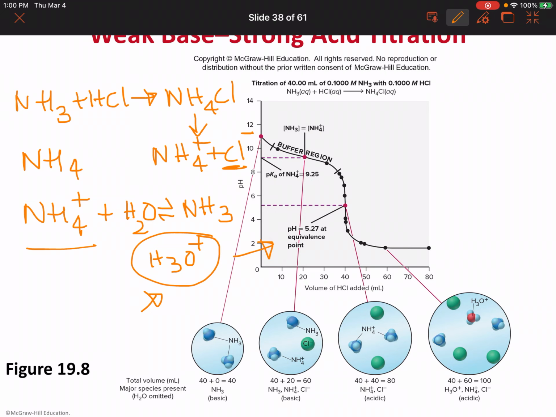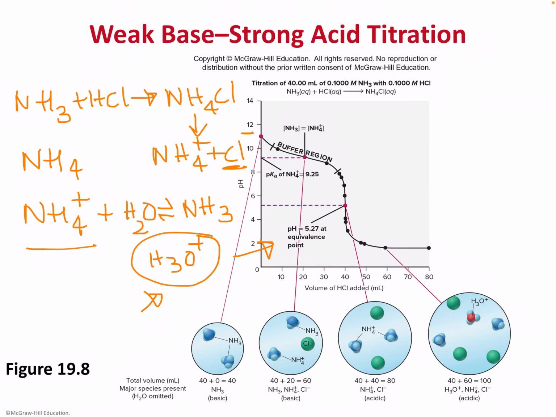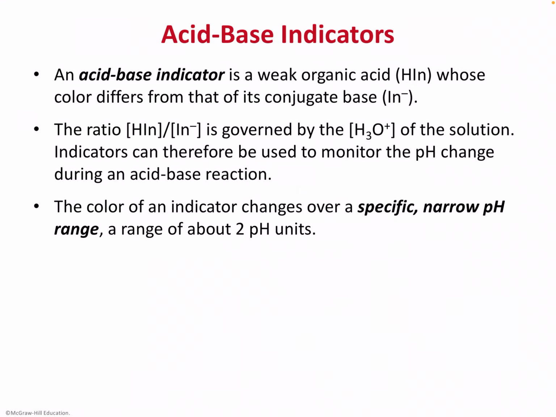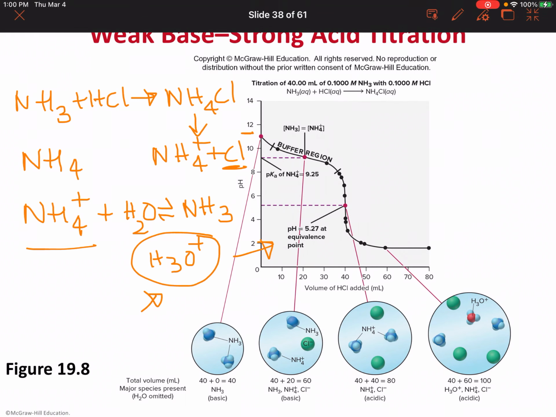The end point is around 5.27. And as you keep on adding hydrochloric acid, the pH decreases and follows this pattern. Okay, so this is a weak base strong acid titration. We'll talk about acid base indicators in the next session.